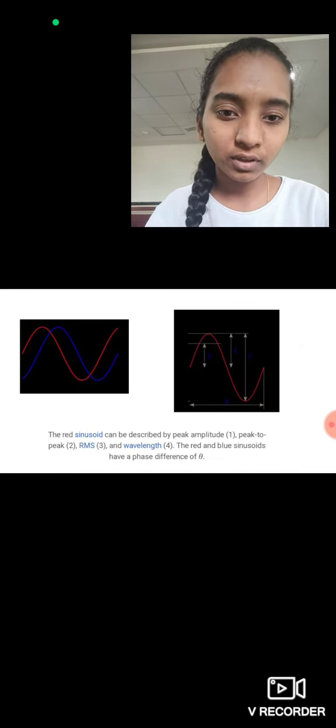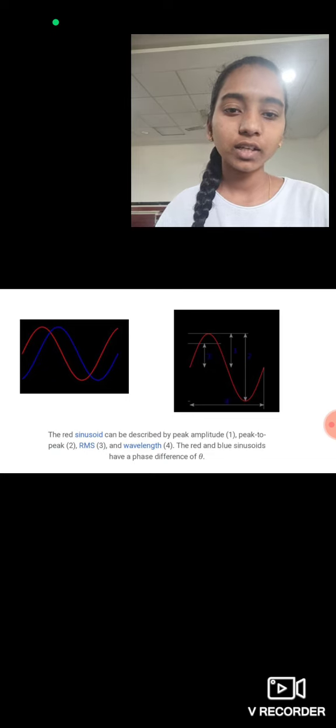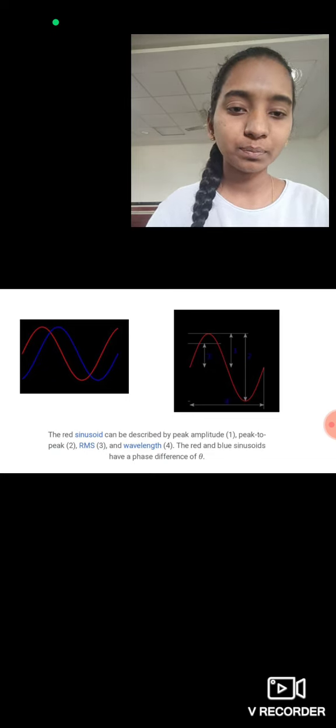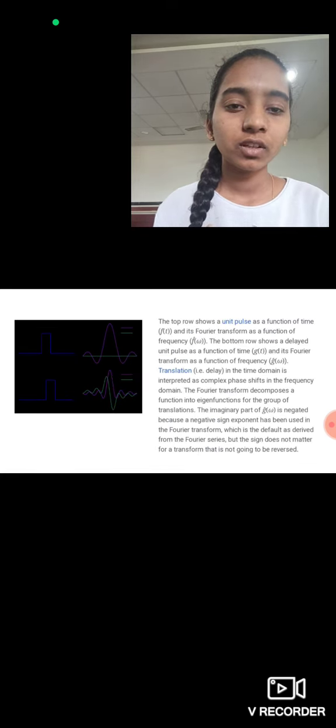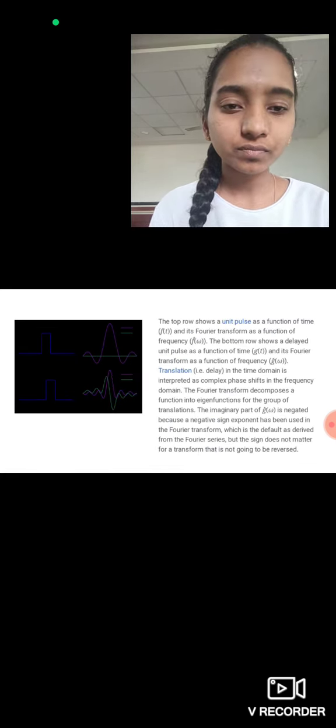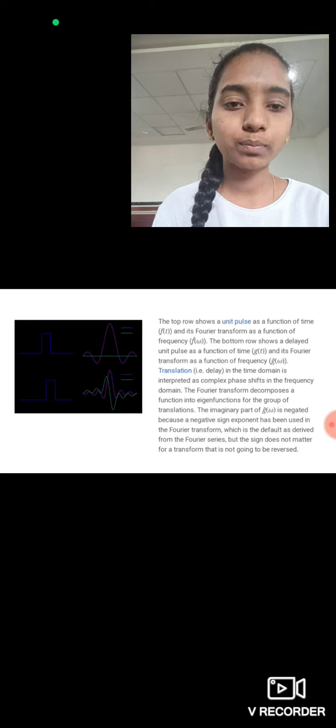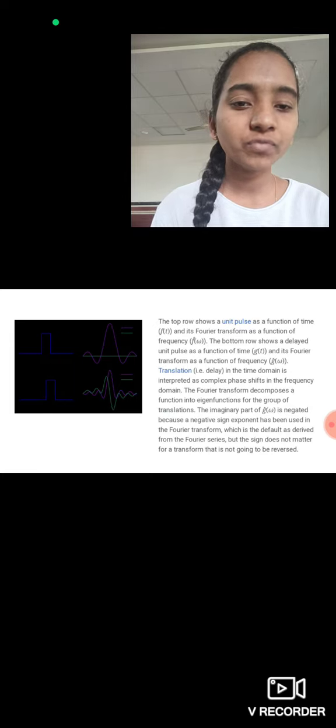The red sinusoid can be described by a peak amplitude, peak to RMS, and the wavelength. The red and blue sinusoids have a phase difference of theta. The top row shows a unit pulse as a function of time and its Fourier transform as a function of frequency f of omega.